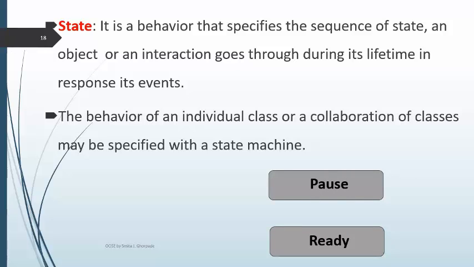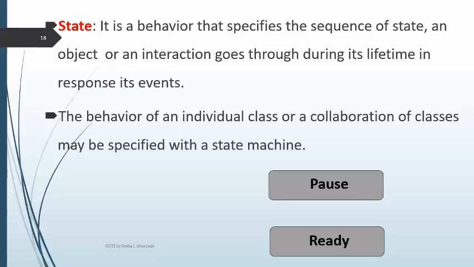The example taken here is a printer's different states. A printer might be in any state like printing state, ready state, or pause state. One more example for representing different states is the CPU.